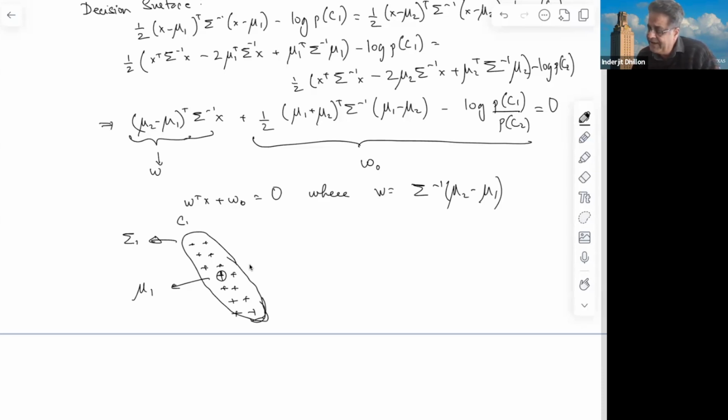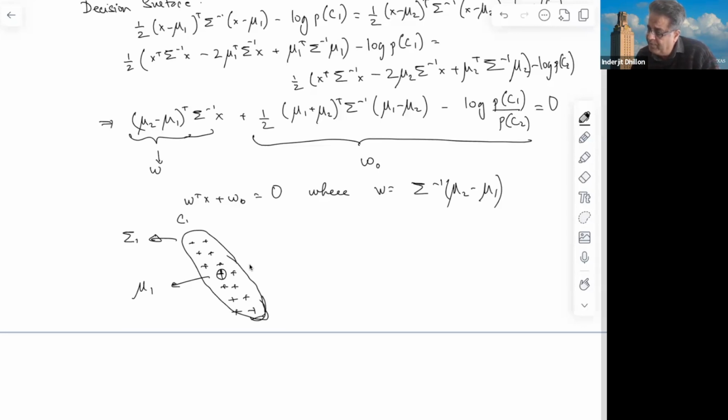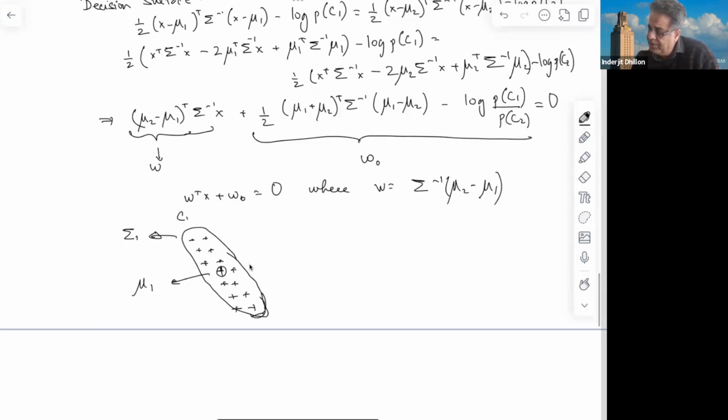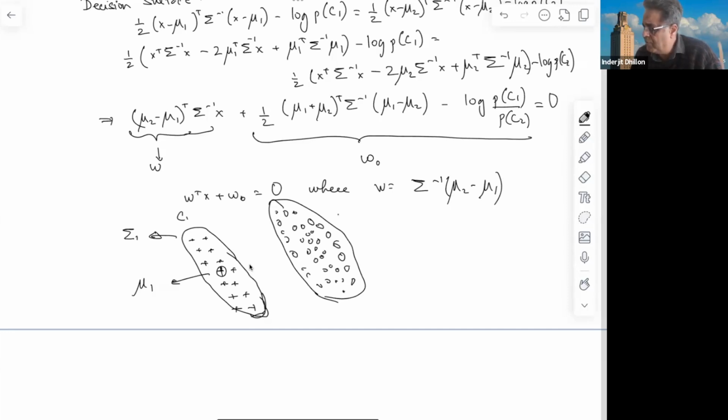In this case, we're also assuming that for class C2 the mean is different, but the shape is the same. Why is that? Because we assumed the covariance matrix was identical between the two classes, so sigma 1 equals sigma 2.